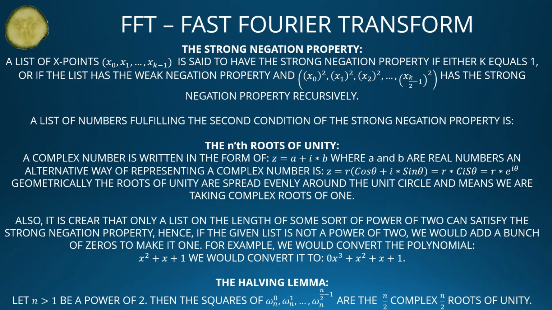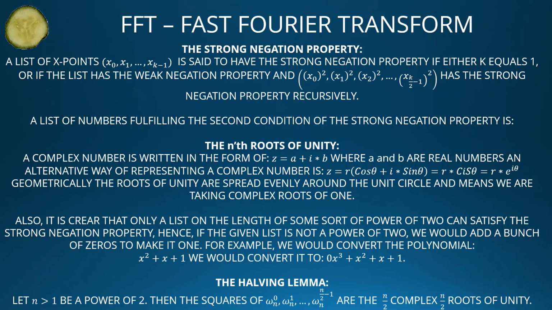A complex number is written in the form of z equals a plus i multiplied by b, where a and b are real numbers. An alternative way of representing a complex number is z equals r(cos θ plus i sin θ) equals r multiplied by cis θ equals r multiplied by e to the power of iθ.